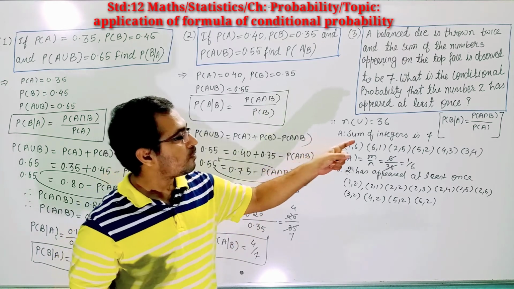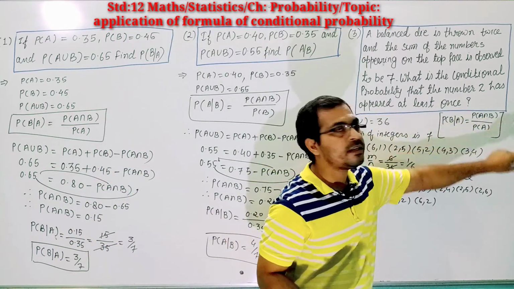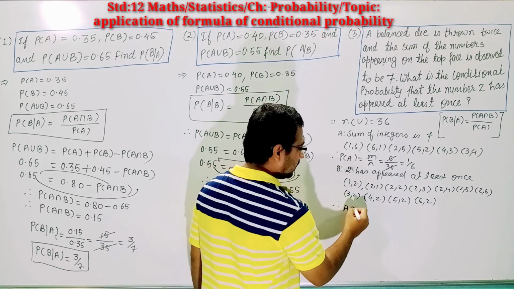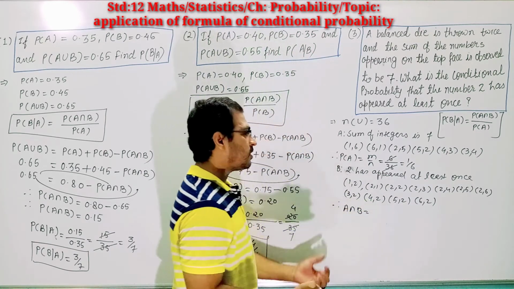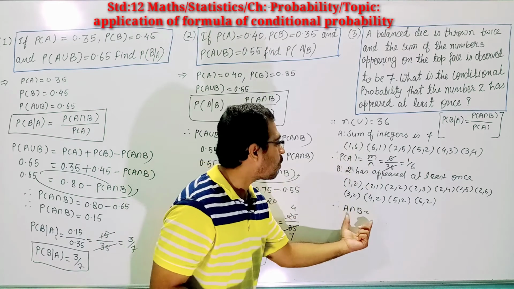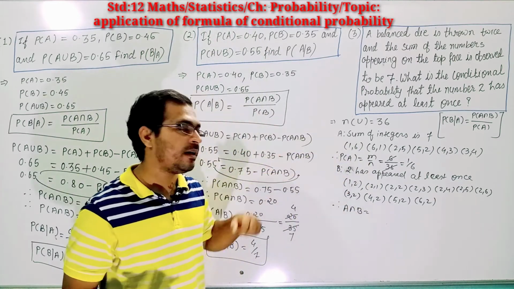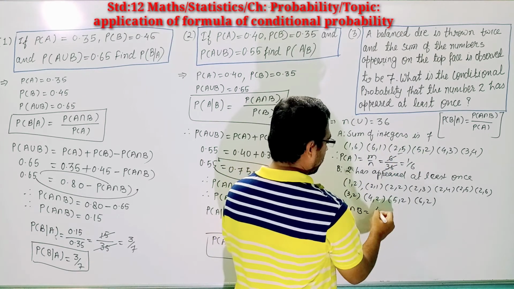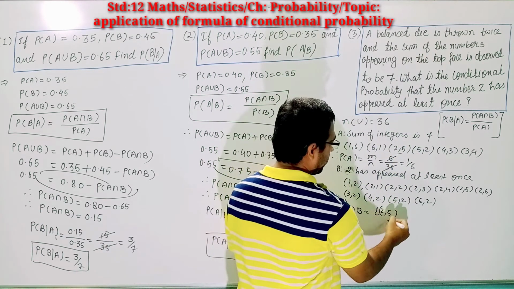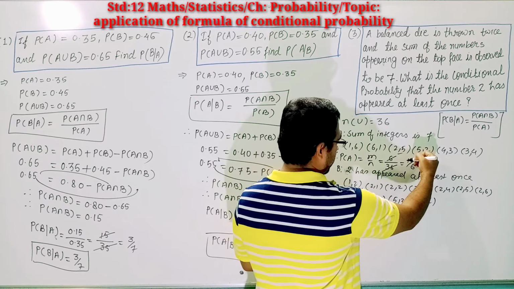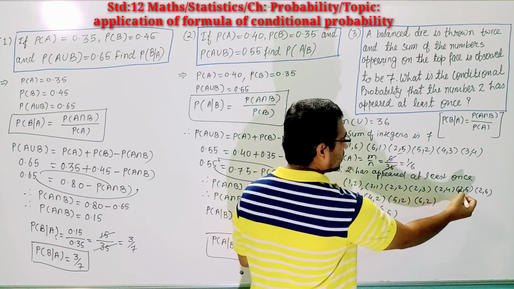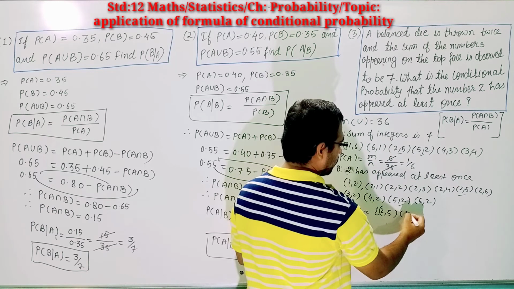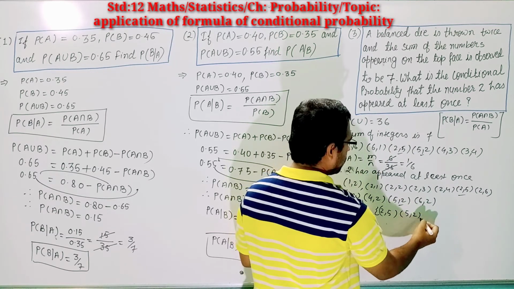First of all we will find A intersection B. A intersection B means the ordered pairs that are common in event A and event B. Here you can see 2 5 and 5 2.